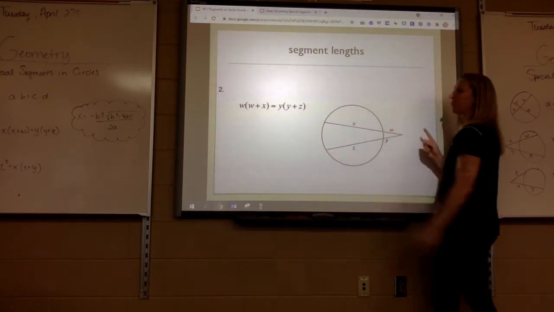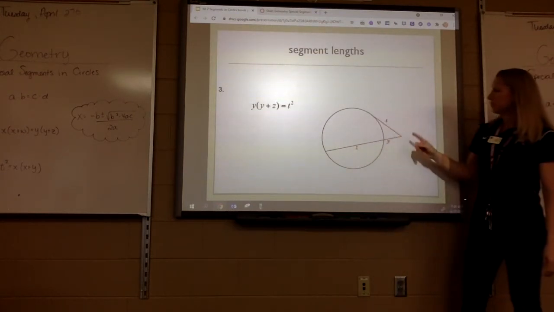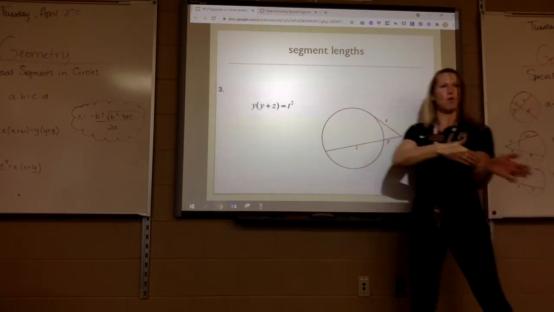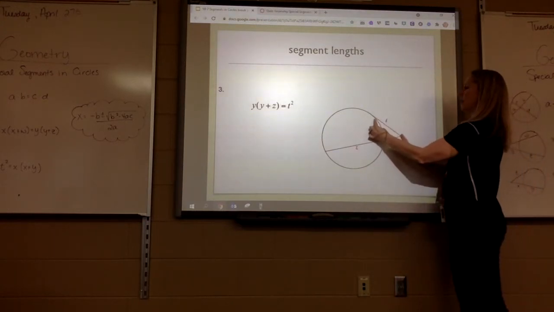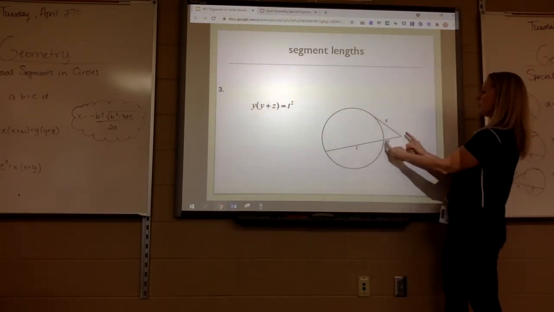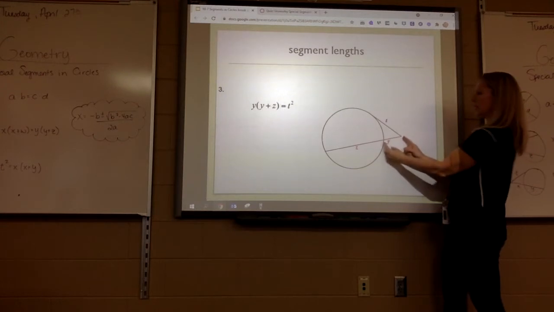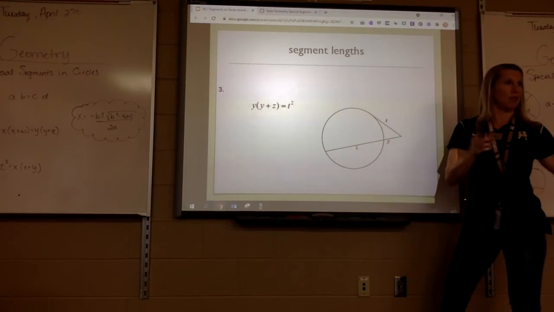And then last but not least, this is the last type of problem. It's still really the same equation as the last one. It's outside piece times the whole thing, which T times T would be T squared, equals outside piece times the whole length.